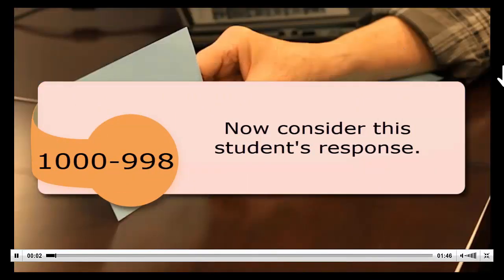1,000 minus 998. 2. That was fast. How did you figure out the answer? Because 100 minus 98 is 2, so I was just thinking about 998 plus 2 is equal to 1,000.